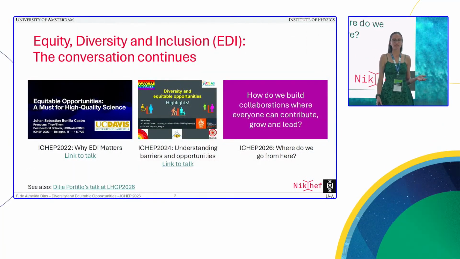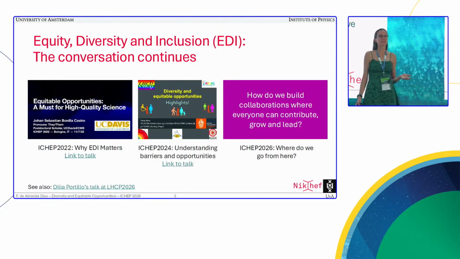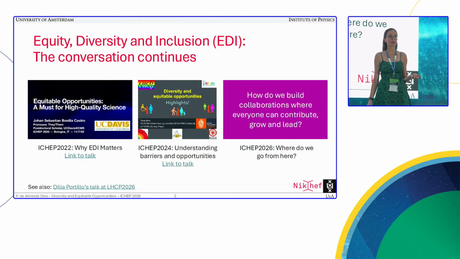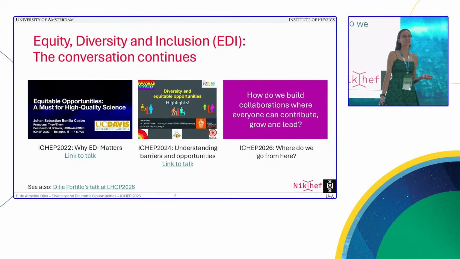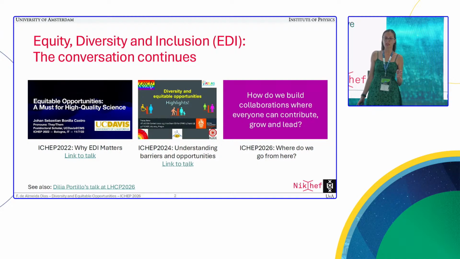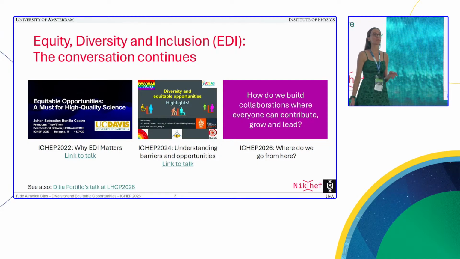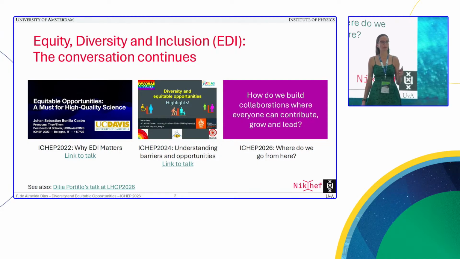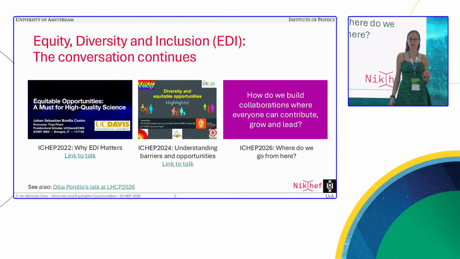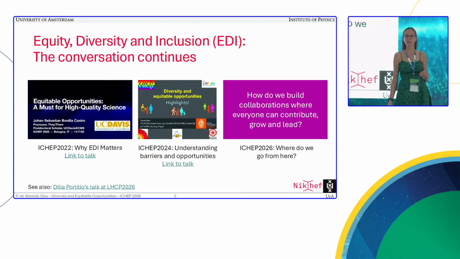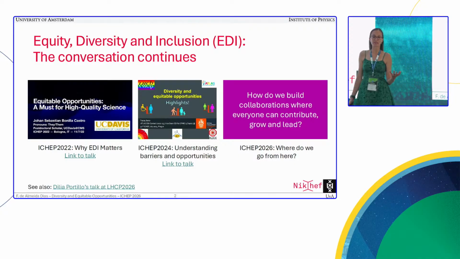So equity, diversity, and inclusion, it's something that has started at ICHEP for the past 4 years. First time we had a plenary talk on this was in 2022, when Johan told us about why EDI matters and why we should be thinking about this. In 2024, we had Tracy telling us about understanding the barriers and opportunities.